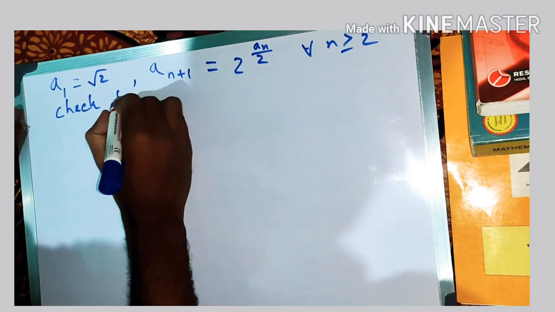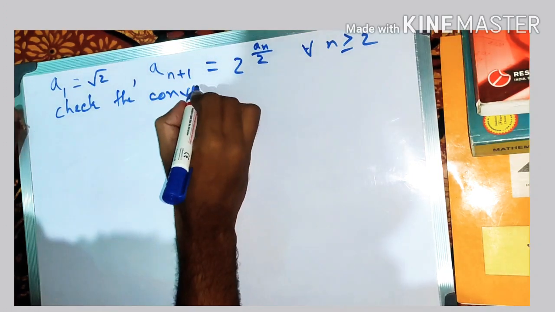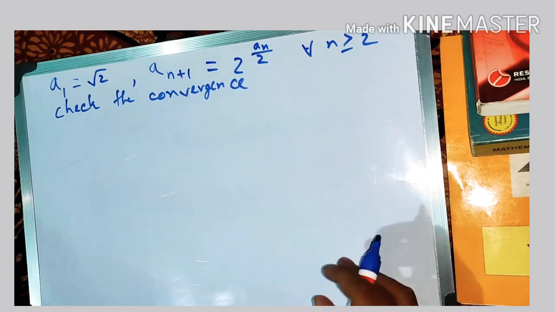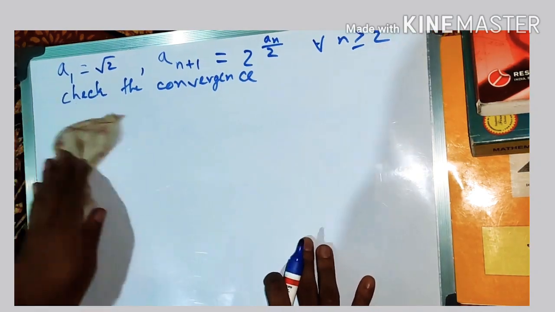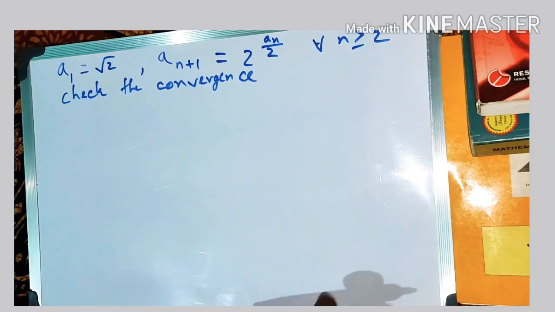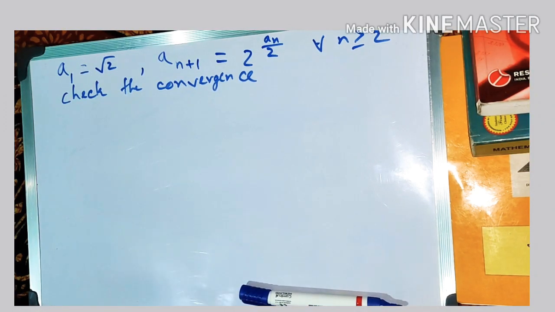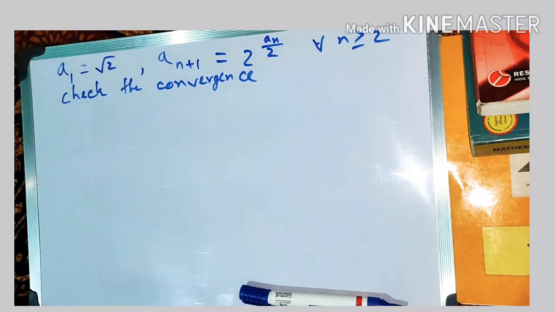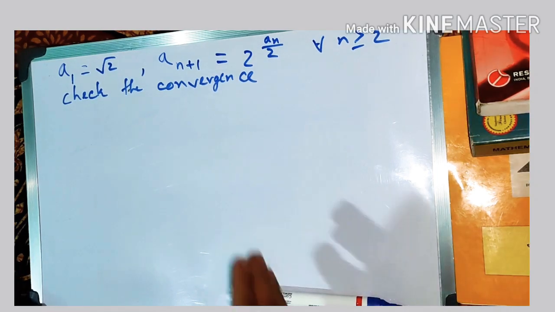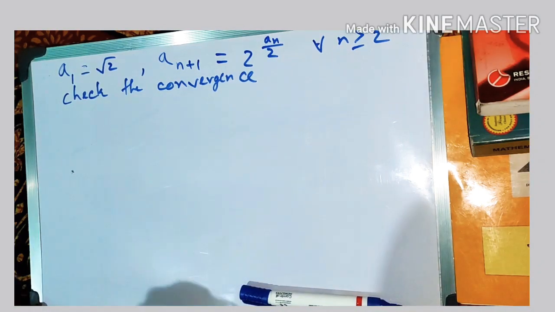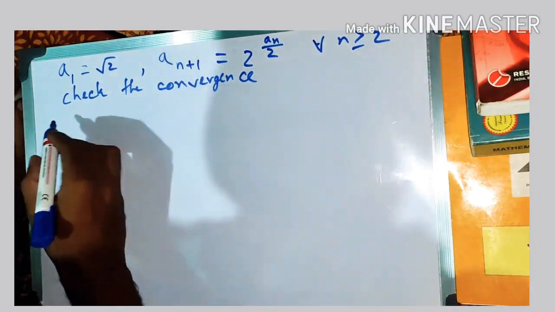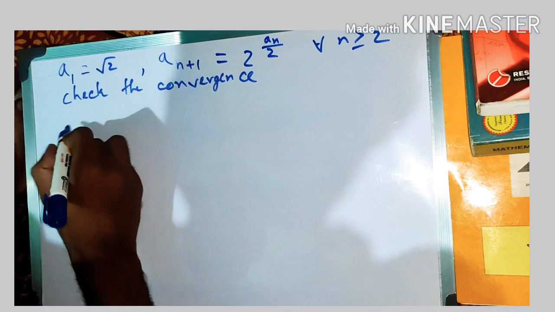Check the convergence of the sequence. How to think? This is a sequence which is formed in a recursive way. For this type of sequence we can use the induction method. Now let's check if the sequence is monotone or not.